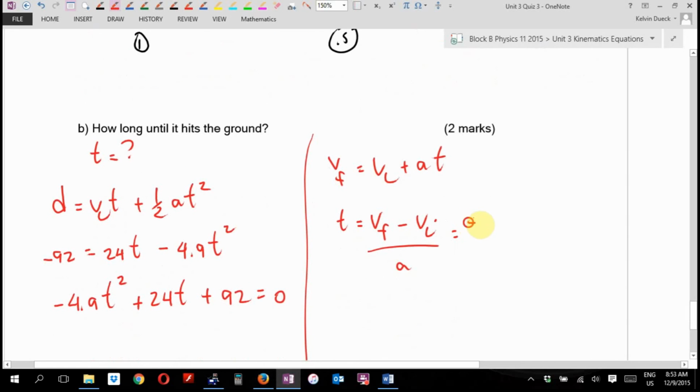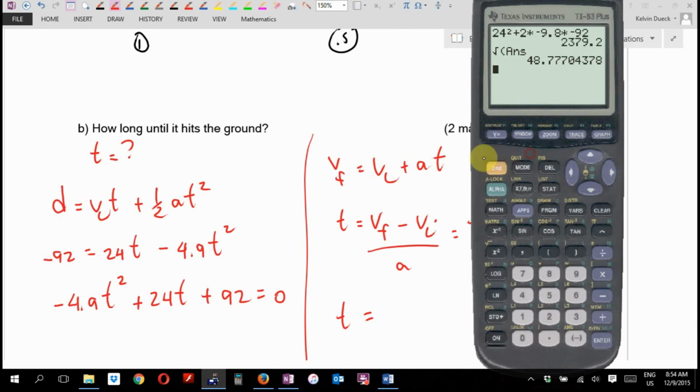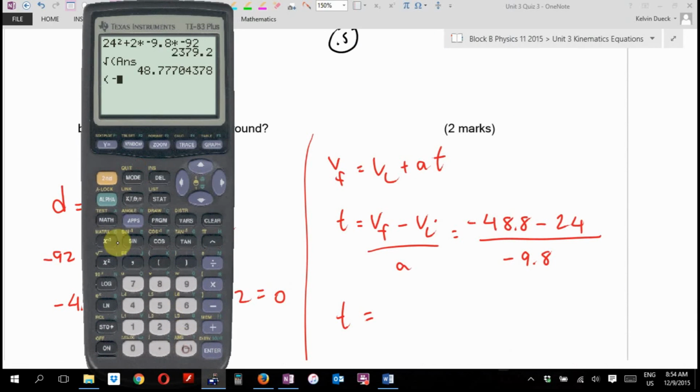It's negative 48.8 minus what was VI? 24, all over negative 9.8. Bracket negative, answer button. There's my negative 48.8. Wasn't that clever? Minus 24 divided by negative 9.8.